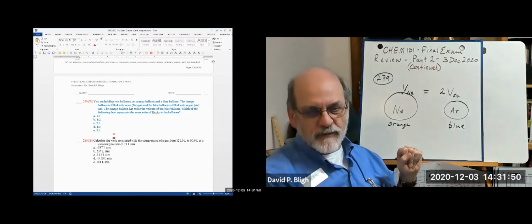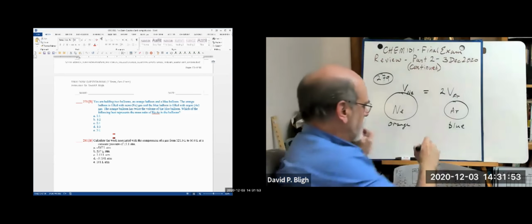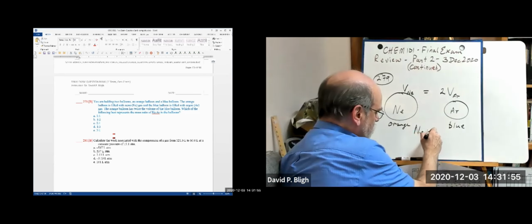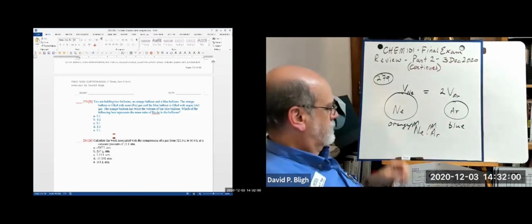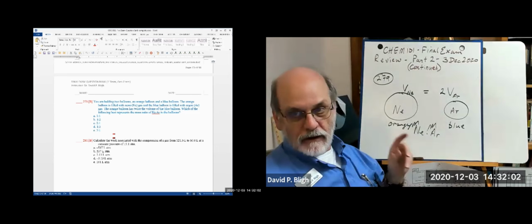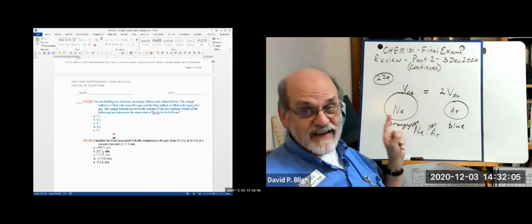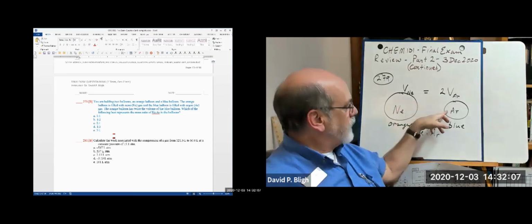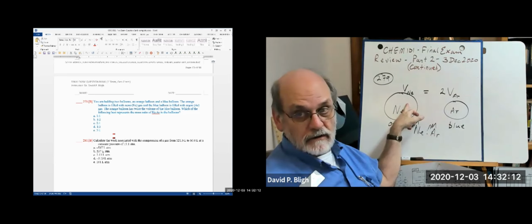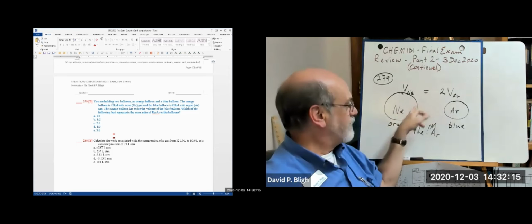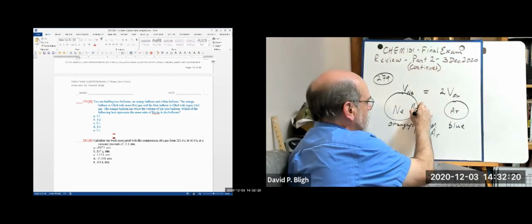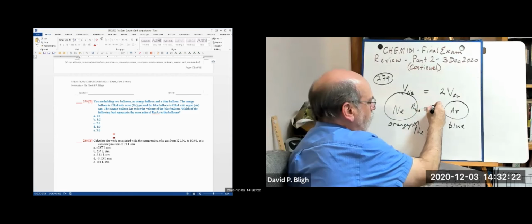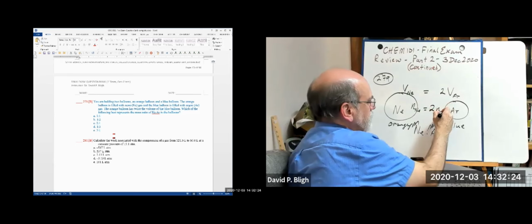Which of the following best represents the mass ratio of neon to argon? Let's see, we want mass. Okay. What do we know, according to Avogadro, if this volume is half that volume, or this one's twice that volume, the number of moles here is equal to twice the number of moles of argon.